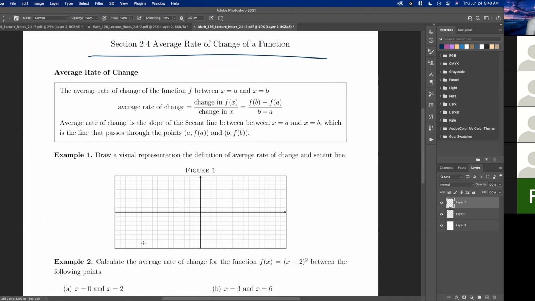Let me kind of just draw this for you. So let's pretend we have a function like this, right?